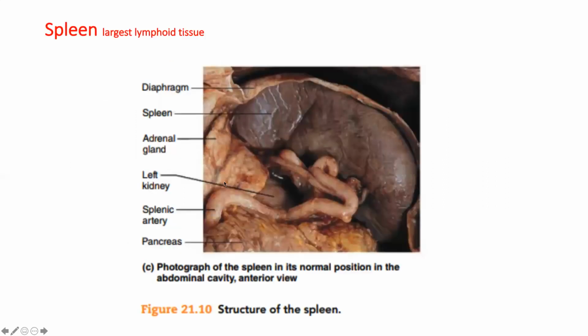So now let's look at the spleen. This is the spleen here, and this is a large tortuous artery, which we call splenic artery. This splenic artery originates from the celiac artery, which is one of the large branches of the abdominal aorta, and we have to study about that artery when we go to the gastrointestinal tract.